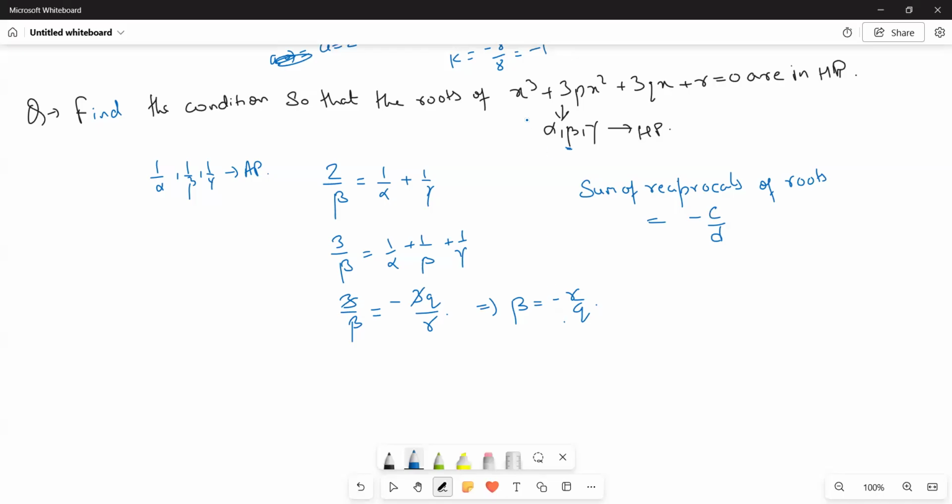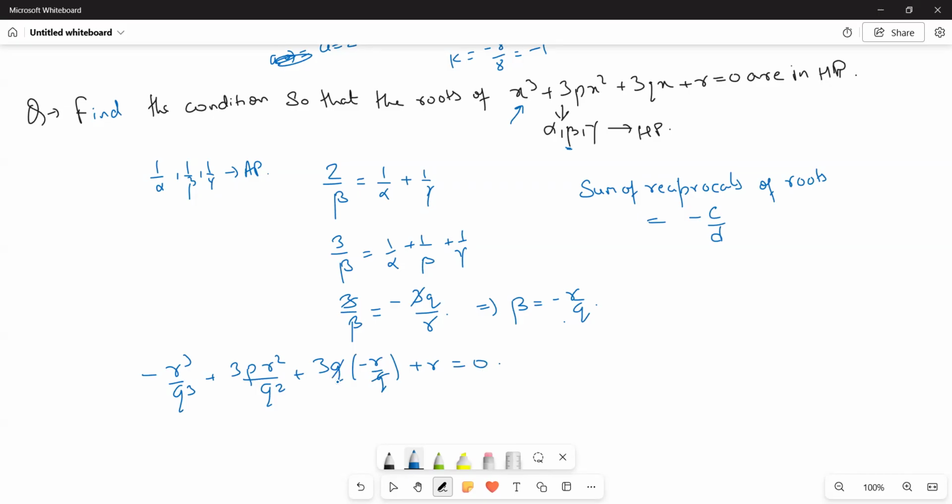So minus r by q को इसमें डाल देंगे and that will generate the required condition. So minus of r cube by q cube plus 3p r square by q square plus 3q into minus r by q plus r is equal to 0.